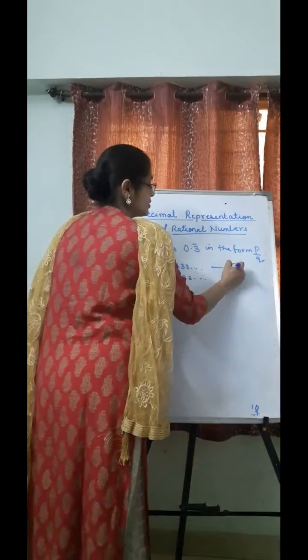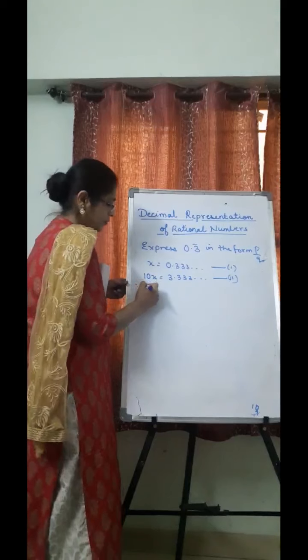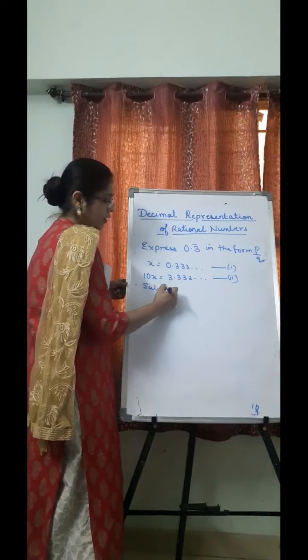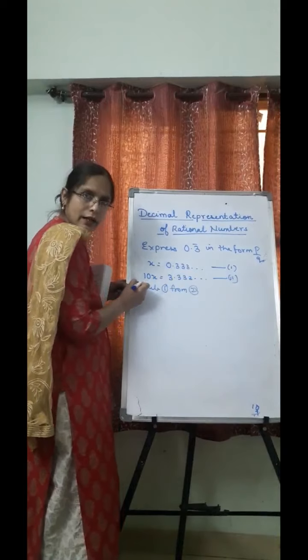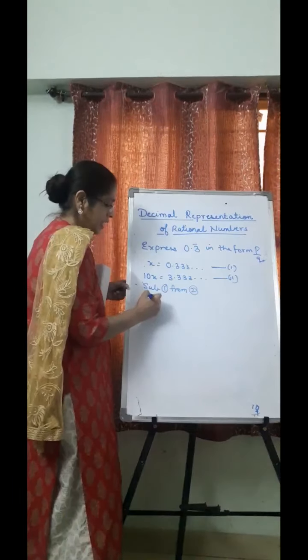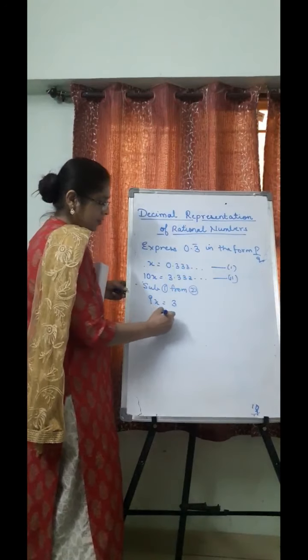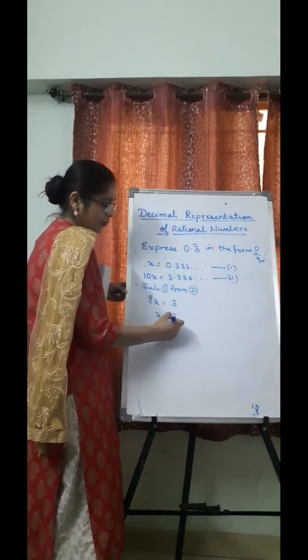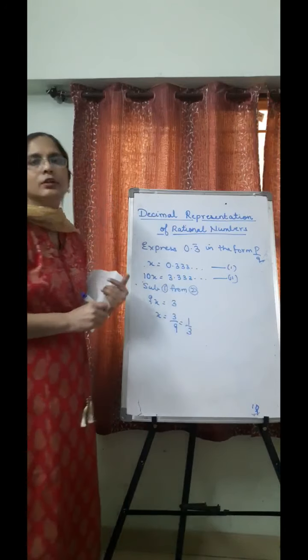Let this be the first equation, this be the second equation. Subtract 1 from 2. What do we get? 10x minus x, which is 9x, equals 3. x is equal to 3 upon 9, which is equal to 1 upon 3.